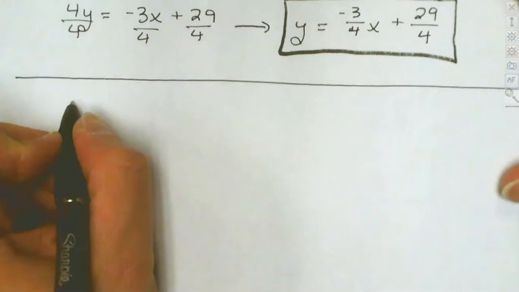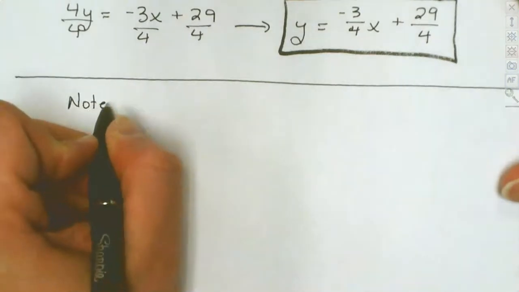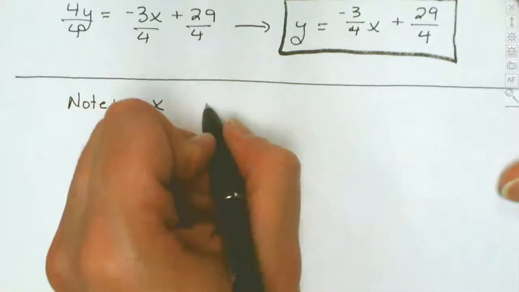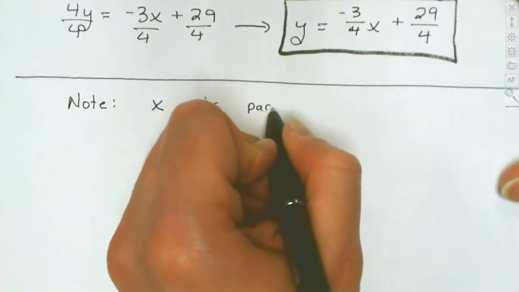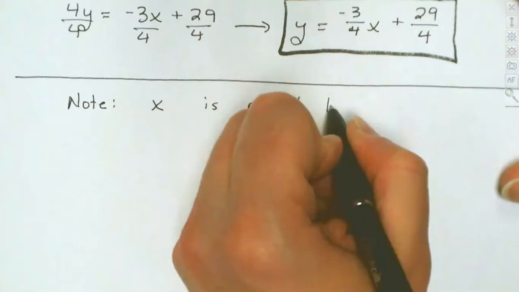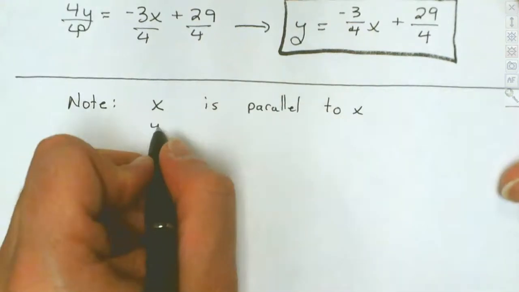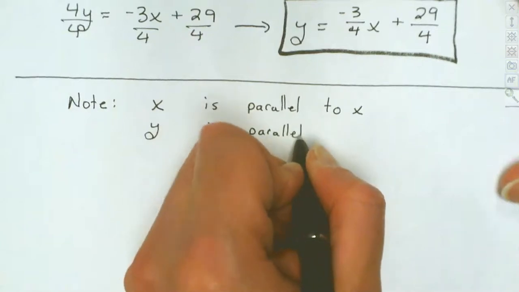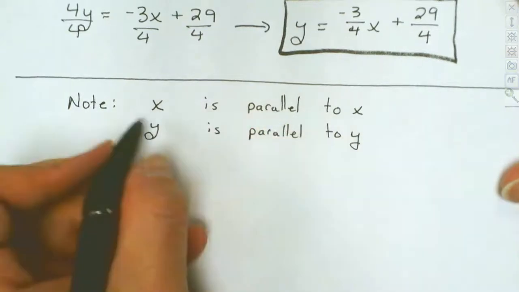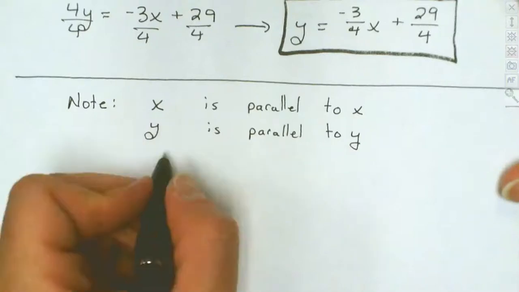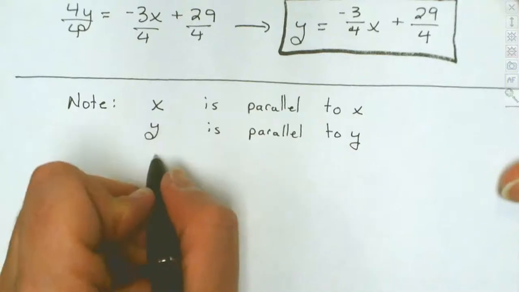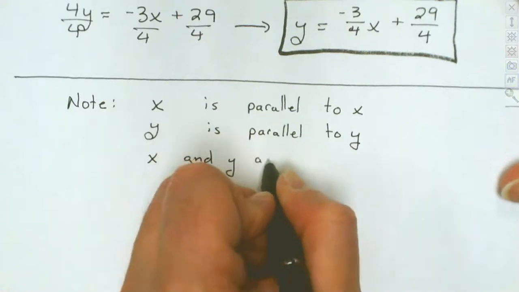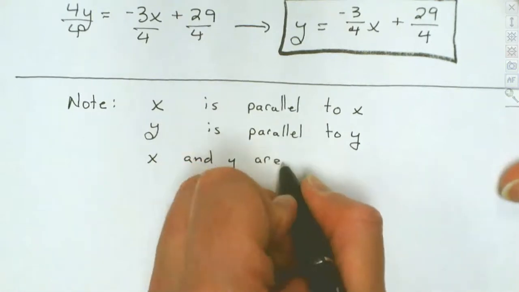We need to note these facts. x is parallel to x. y is parallel to y. And x and y are perpendicular to each other.